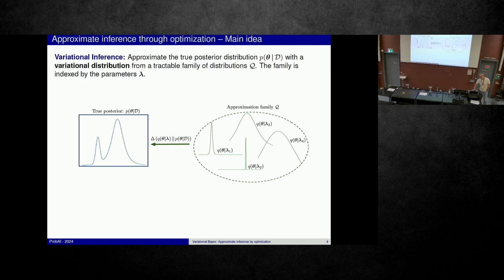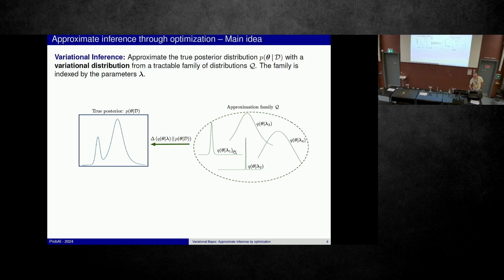In this plot, Thomas made it by having a mixture of Gaussians here, and the approximation family is just any kind of single-mode Gaussian, so no mixture Gaussian. And then the question is, how can we approximate a mixture Gaussian, specifically this mixture Gaussian, with a standard Gaussian? So that's our family of approximations.